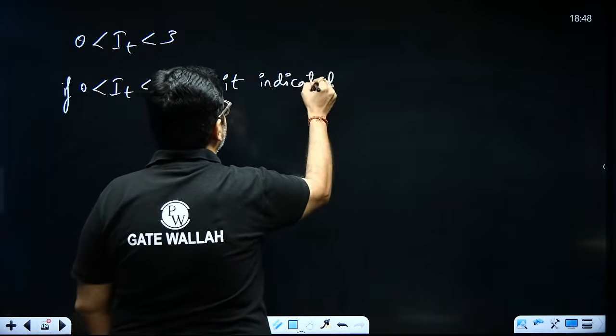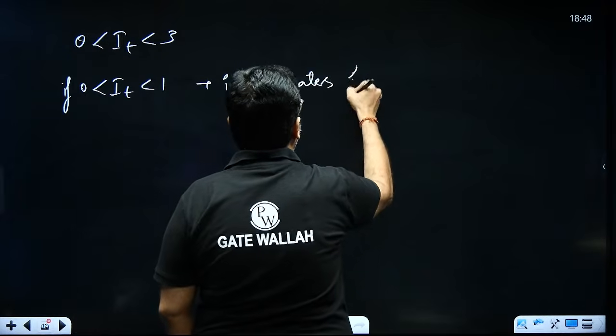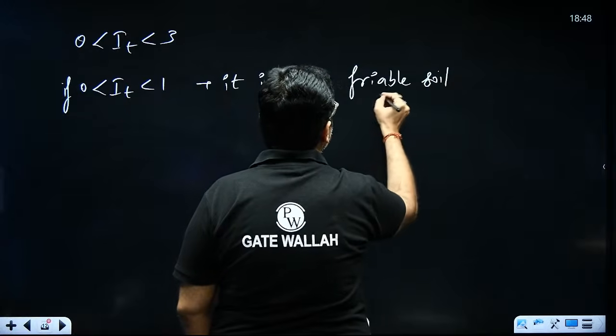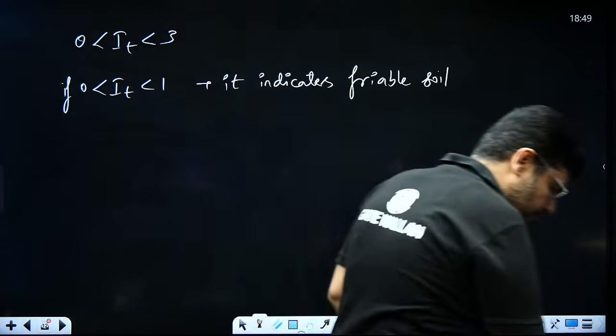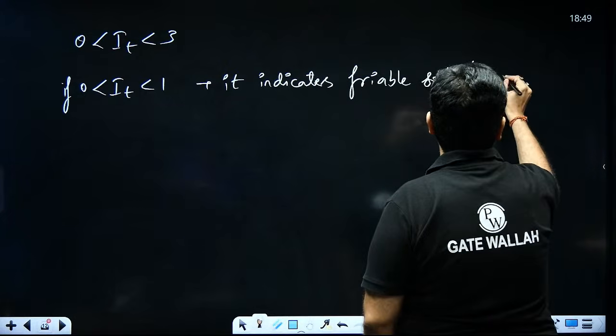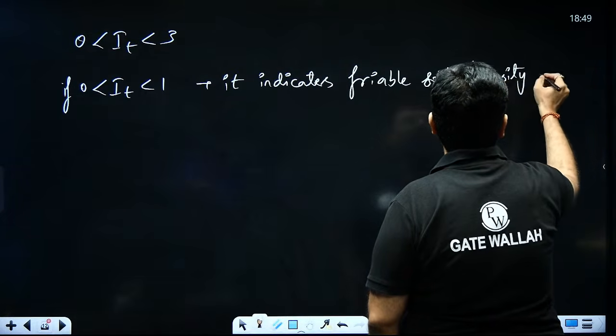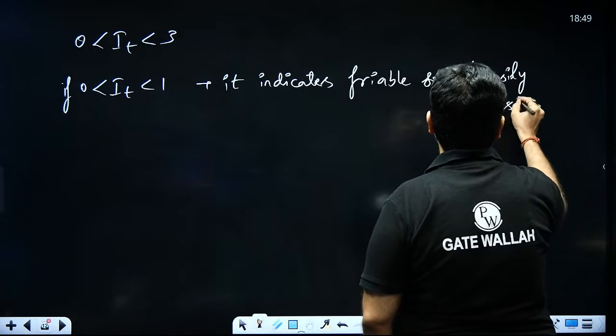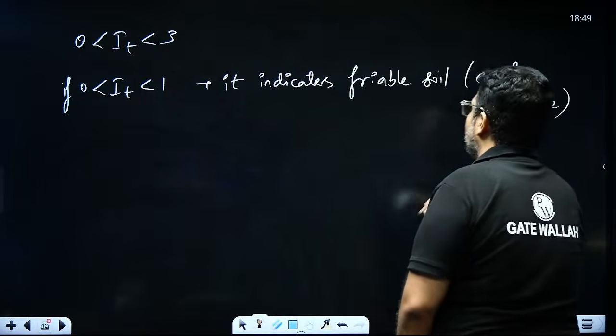Friable means easily crushable, like silts. Silts are easily crushable, but clays you won't be able to crush easily.